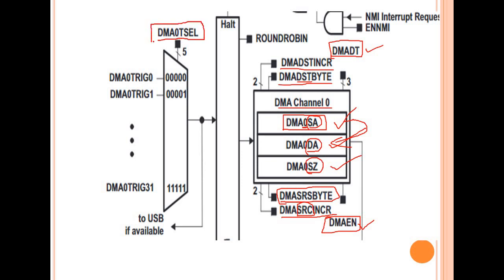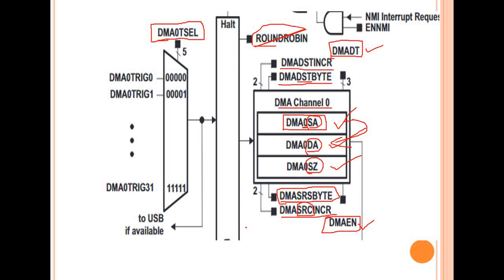You can trigger your DMA channel from any external sources. These external sources to trigger the DMA channel are selected with the help of the DMA trigger selection bits. And remember that round robin scheduling is used here in order to select the channels depending upon the priority.